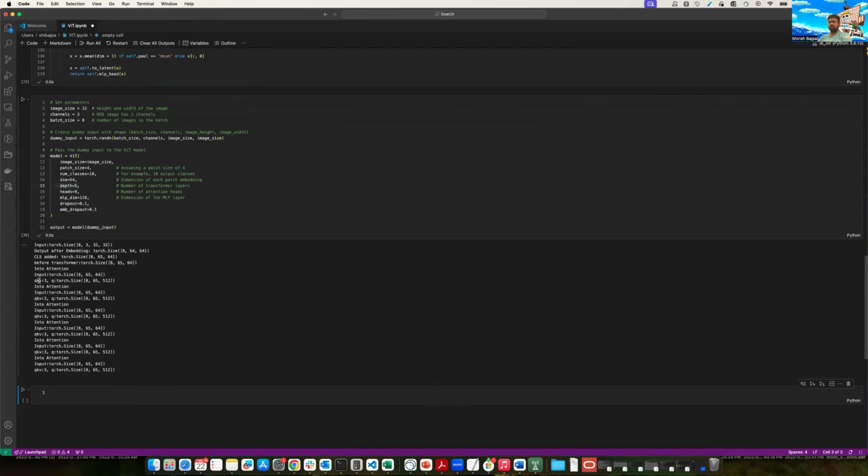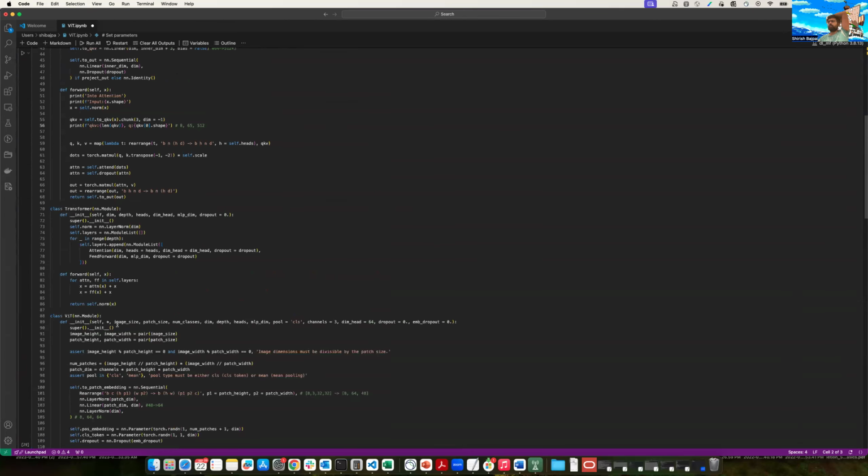See, QKV is 3 for Q, K and V. For each image, we have the image tokens or patches, and each of those tokens is a 512 dimensional vector.